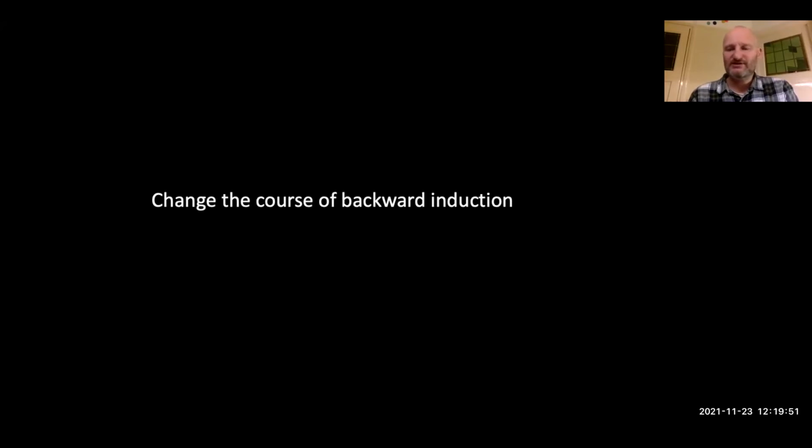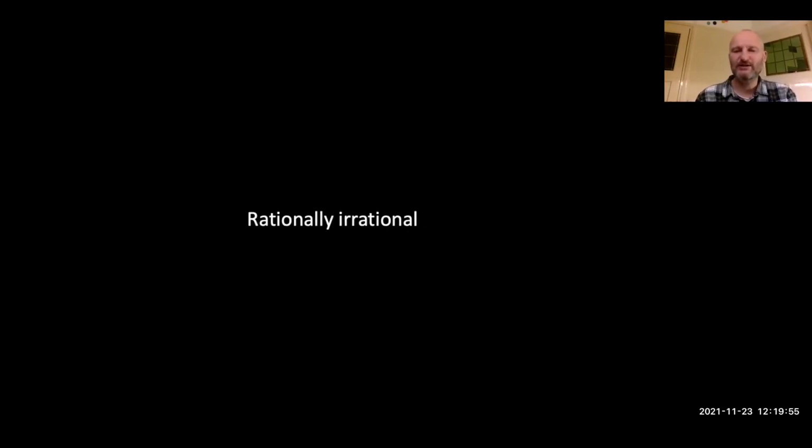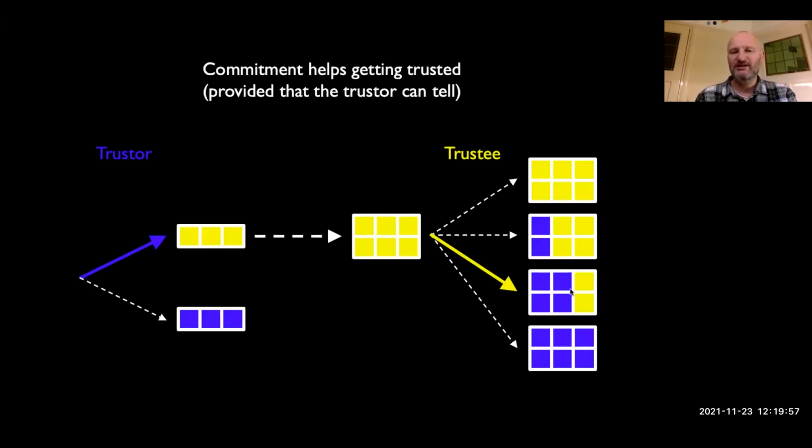So in economics, it's called backward induction. If you assume that the first mover knows what the second mover is going to do and has her behavior depend on that.